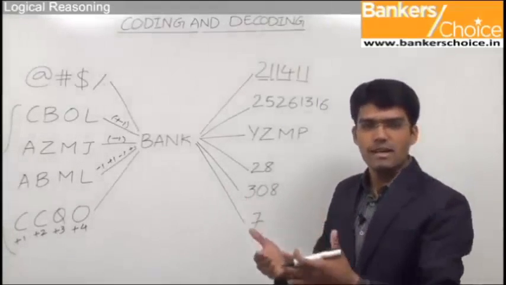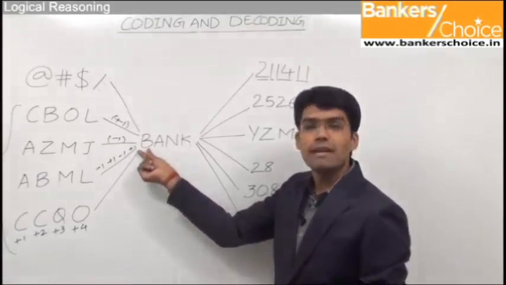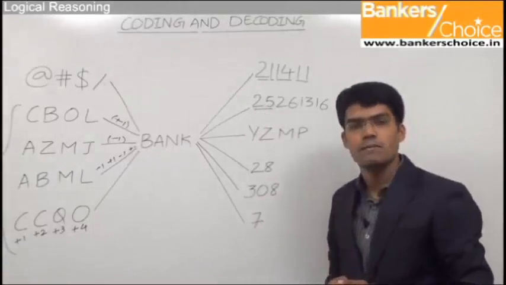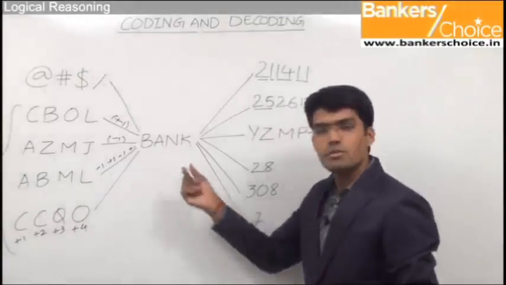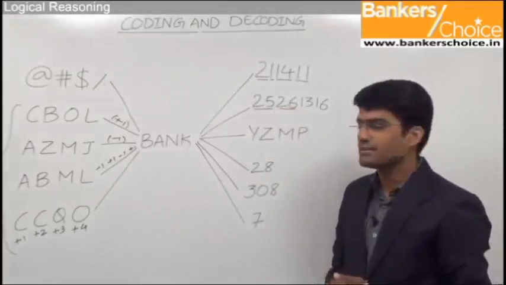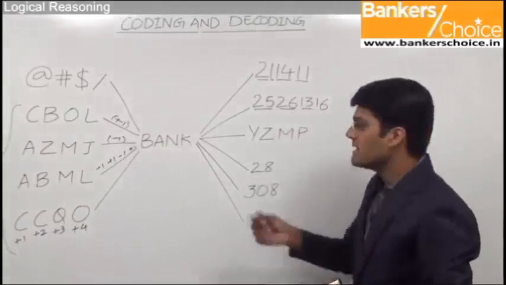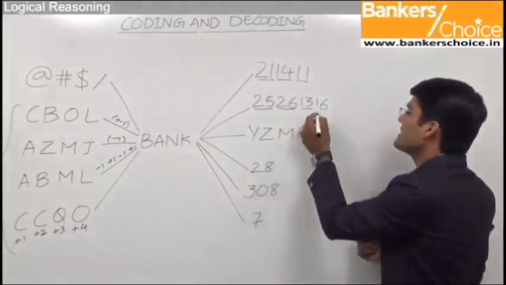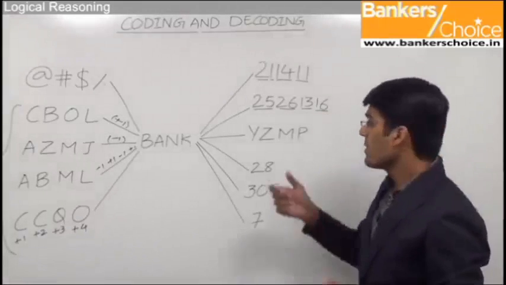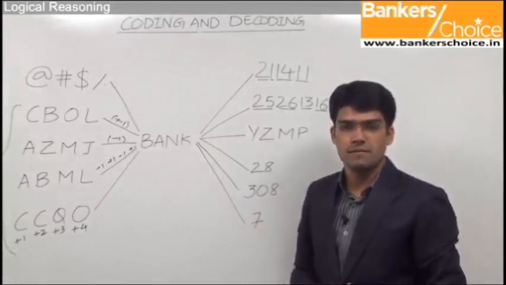B will be the 25th letter, so that is how we have got 25 in the coded form. A is going to be the 26th letter, as it is the last letter in the reverse order. N will be the 13th letter, and K is going to be the 16th letter in the reverse order. So the other way of coding the word bank here is taking the positions in the reverse order.